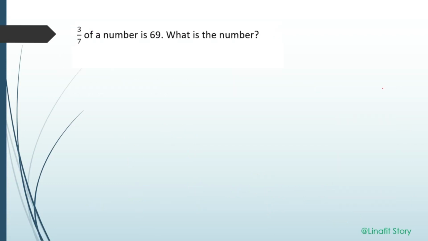3 out of 7 of a number is 69. So what's the number? So as you may see here, this is 3 out of 7. 3 is the numerator while 7 is the denominator. So 3 units equals 69. If 3 units equals 69, how about 1 unit?